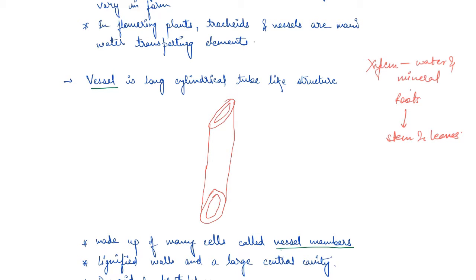So these are vessels. A vessel is a long cylindrical tube-like structure made of many cells which are known as vessel members, and these vessel members have lignified walls and a large central cavity.